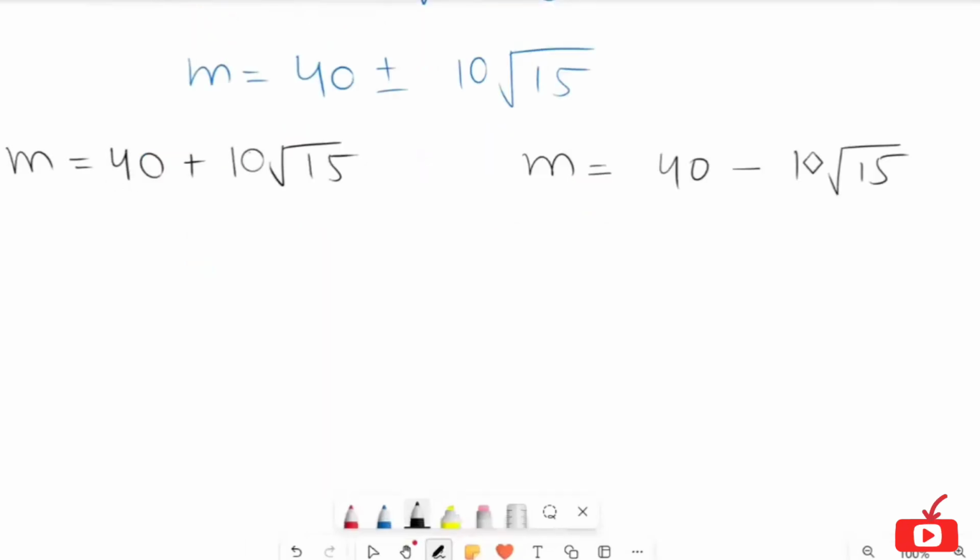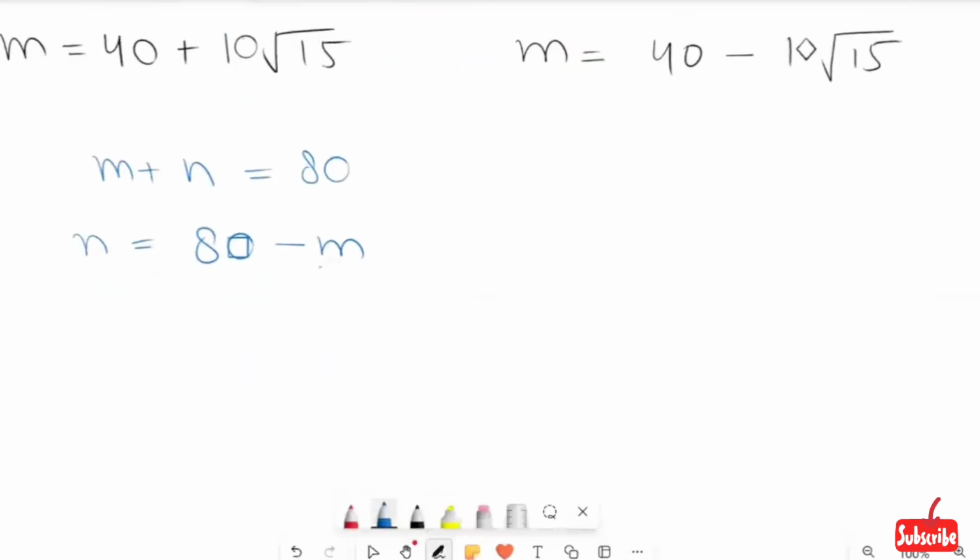Now I am going to write equation A again, that is m plus n is equal to 80. I will solve this for n, n is equal to 80 minus m.